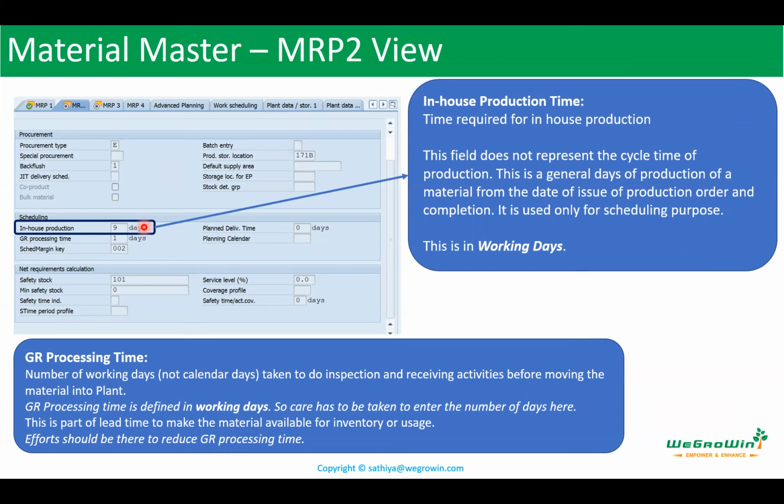But again I'm telling, this is not the cycle time. It is not the per unit cycle time or routing time. It is the general production time for an average lot size of materials. That is what in-house production time is, and this is defined in working days.